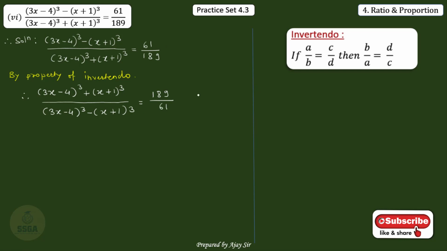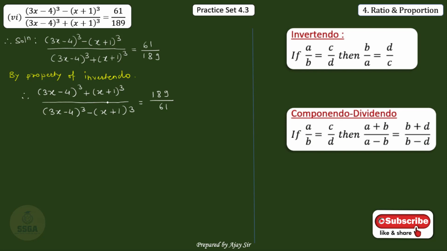Now here it is plus sign and here it is minus. This is our usual method, using componendo and dividendo. So by using the property of componendo and dividendo, let us cancel some terms.